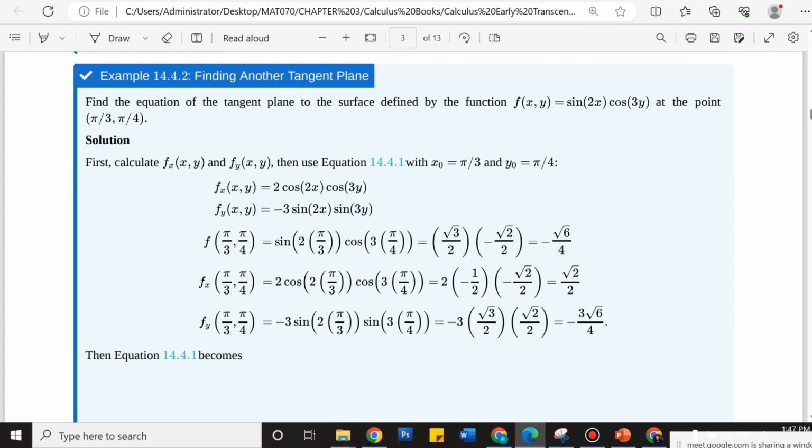Now, if ever tagaan mog sine, cosine, o uban pa nga mga variable, as long as na variable x and y diha, pareha ra gihapon class. Direct substitution, get the derivative of f with respect to x, and the derivative of f with respect to y.